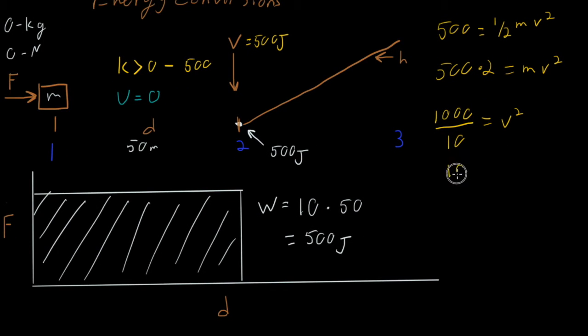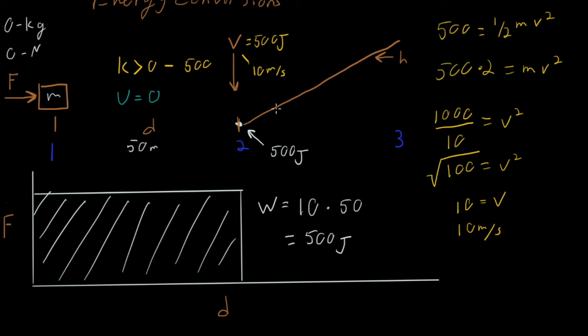And when I do that, I get 100 equals v squared, square root of both sides, and the square root of 100 is 10. So I get 10 meters per second at point 2 right here. So right here, my velocity is 10 meters per second.